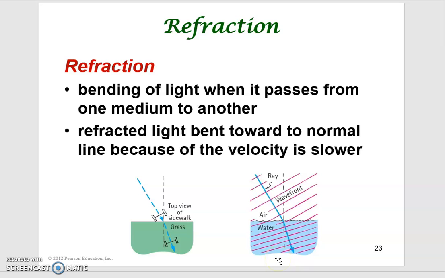It is the thing I just mentioned. It is this dashed line perpendicular to the surface of the interaction. The light will be bent toward the normal line if the velocity in that medium is slower. For example, the speed of light in the air is faster than the speed of light in the water. So you are moving from an area with a higher speed to a lower speed.